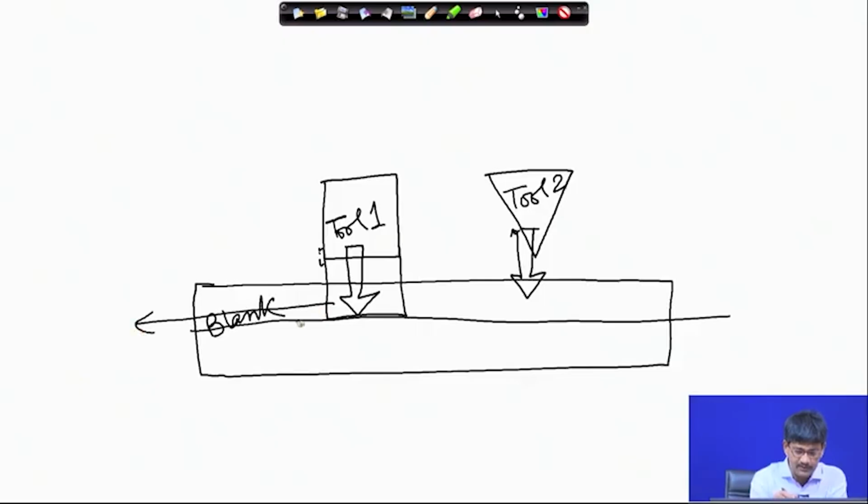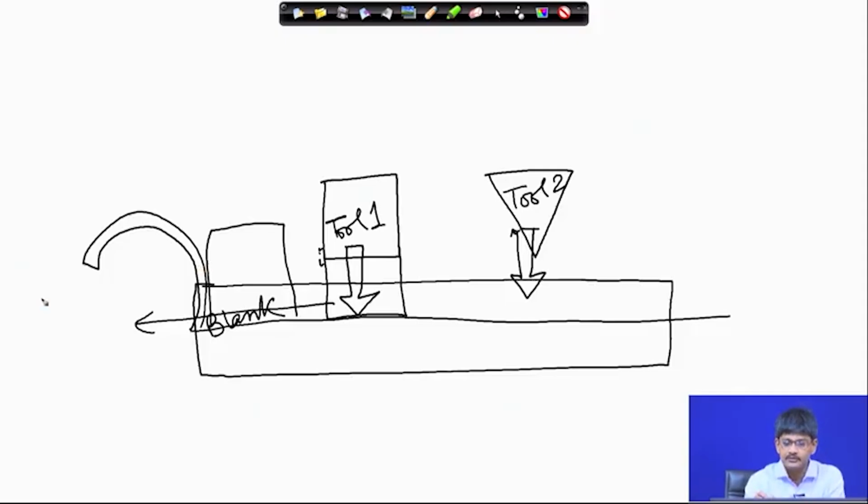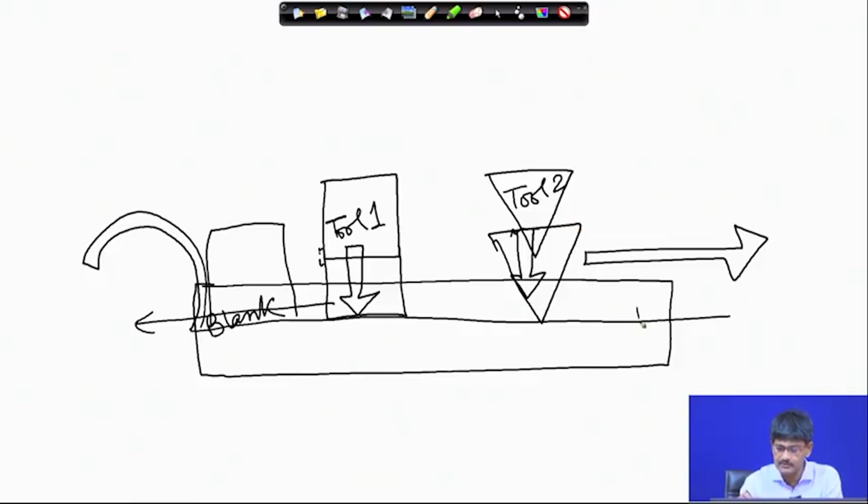So, this whole thing peels off. The whole thing peels off in the form of a ribbon-like material called a chip. Here also, if you move it up to this point, it removes this. So, it is basically a case of indentation or pressing, creating a sort of indentation and then moving this way. Here also the same thing will happen.